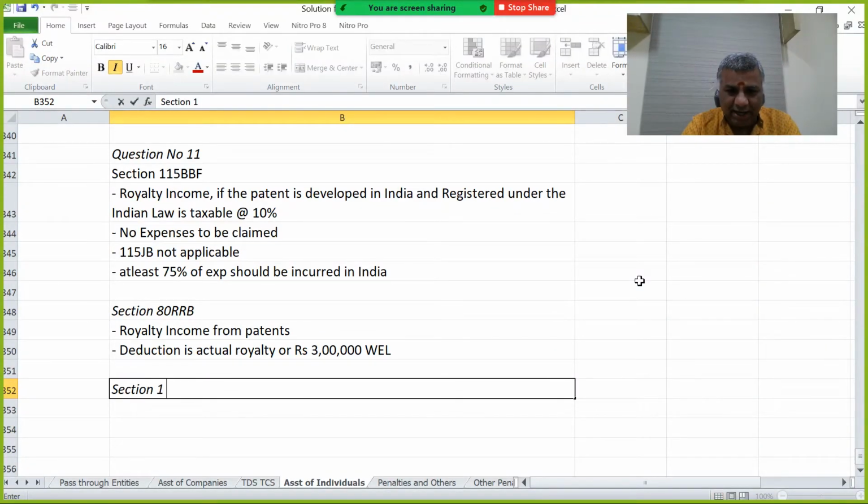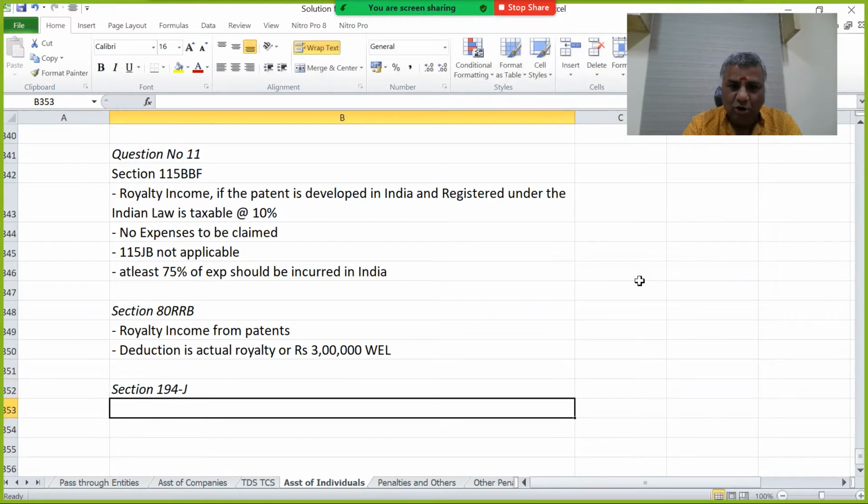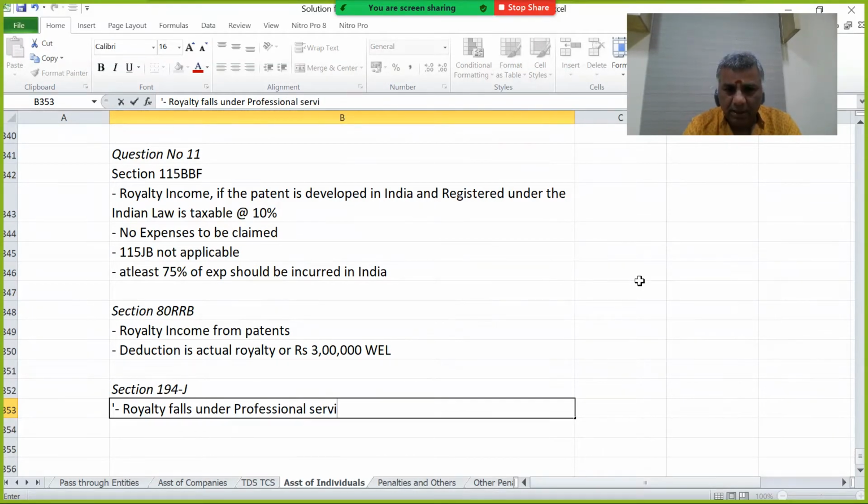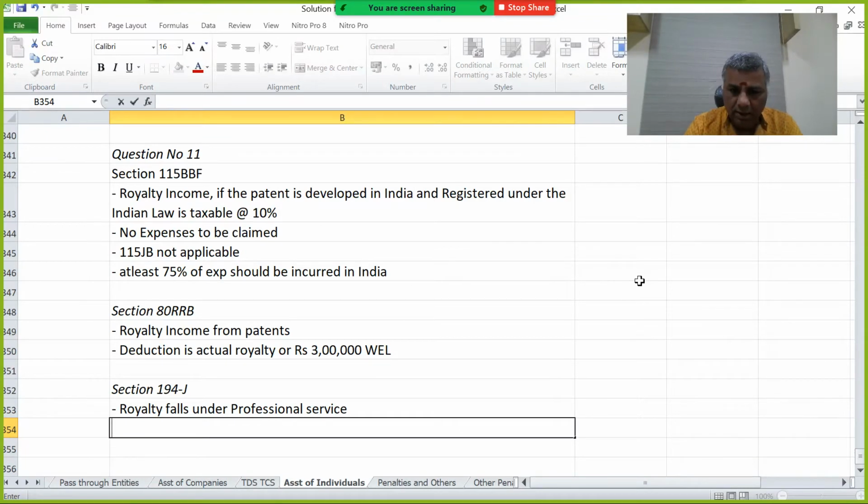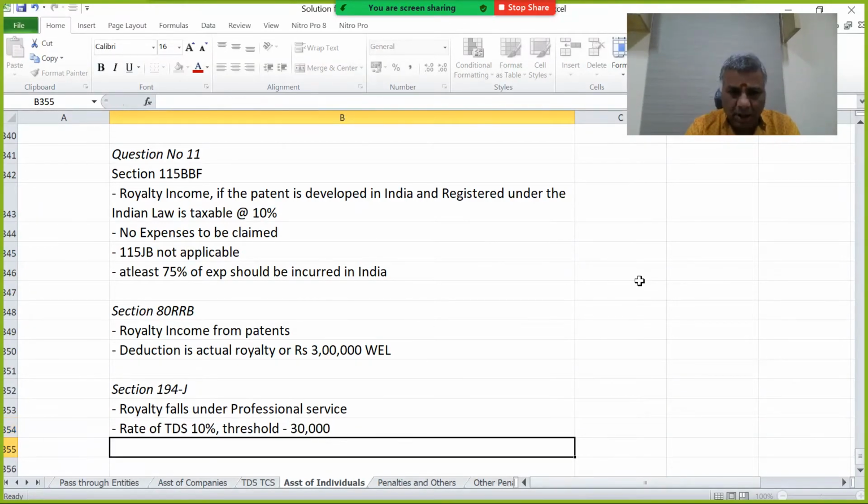Section 194J: royalty falls under professional service. The rate of TDS is 10%, threshold 30,000.